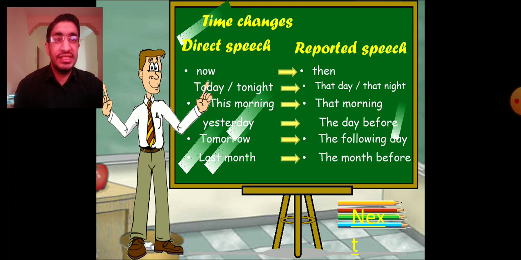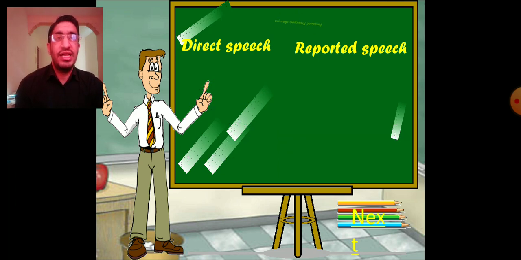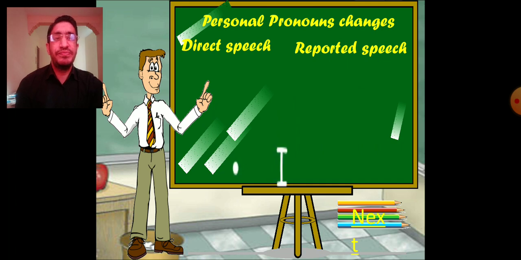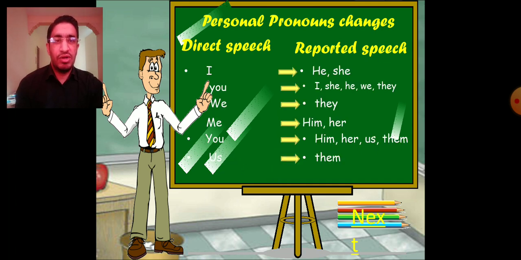Here are some personal pronoun changes. So I becomes he or she. Of course, it depends on the gender of the speaker. If the speaker is female, then she. If the speaker is male, then he.